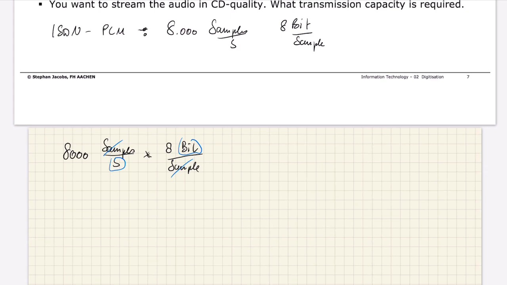So we can continue and say we have 8,000 times 8 bits per second, and that's equal to 64,000 bit per second, and that's equal to 64 kilobit per second.